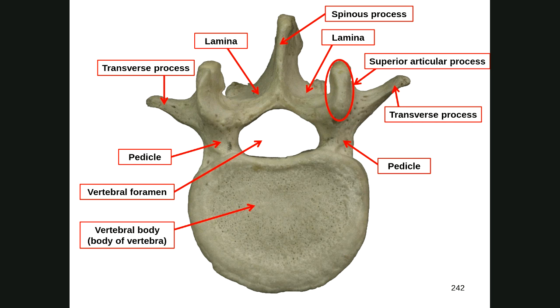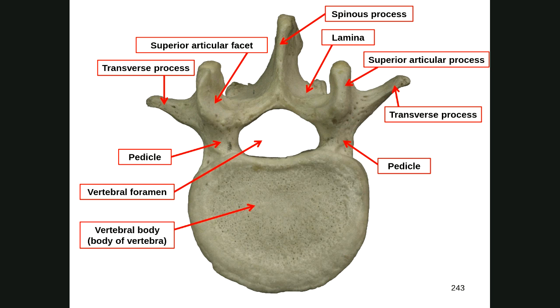So now on this next slide, you can see I've added a new title here, the superior articular facet. So that would be the smooth region of this bone here, kind of like what I'm filling in here with the blue. It's nice and smooth. It's flat. So that's going to be the part of this vertebrae that's going to articulate with the process of another vertebrae.